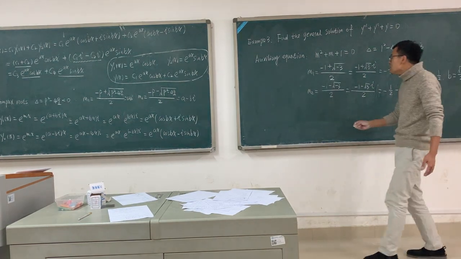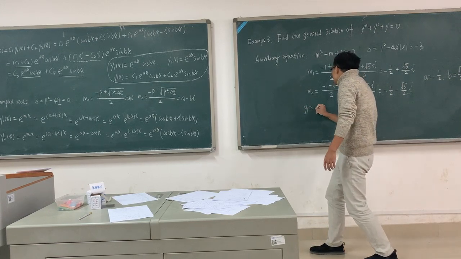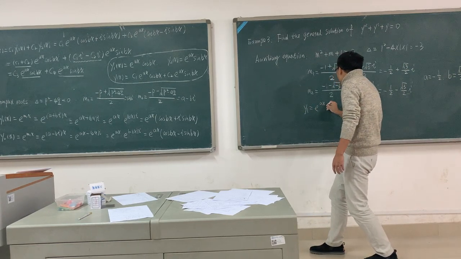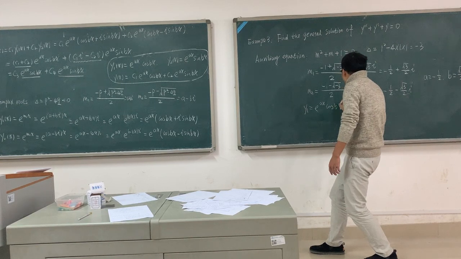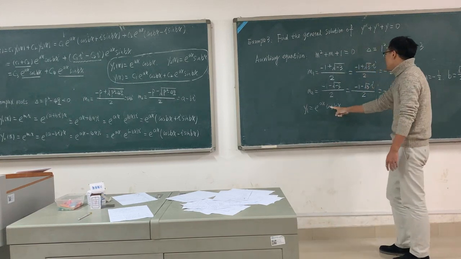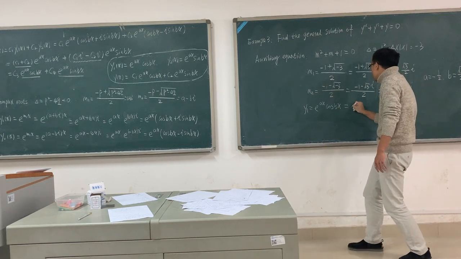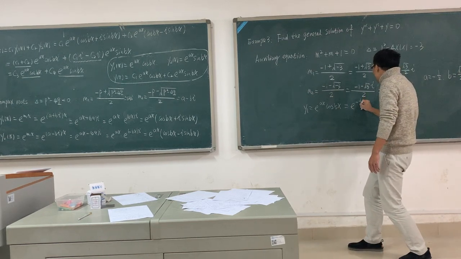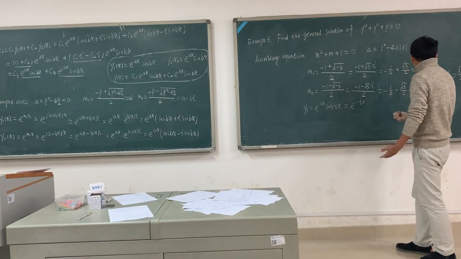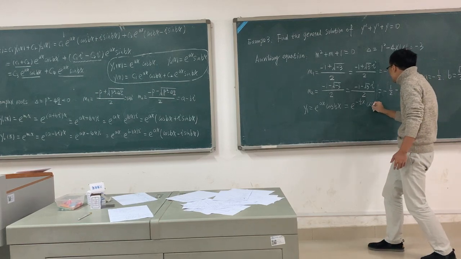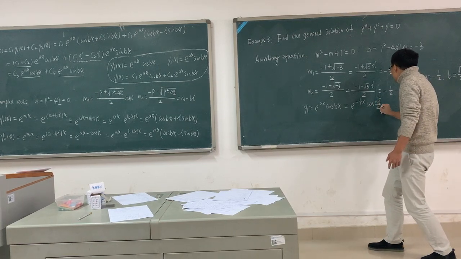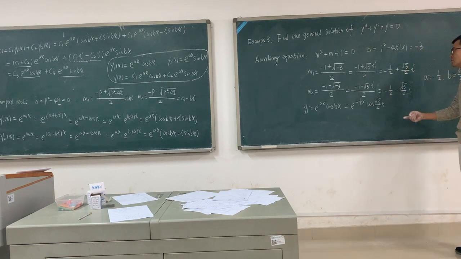So y1 is e to the ax cosine bx. We substitute the a, b to here. So here is e to the minus half x, cosine square root 3 by 2 x. So this is the first solution.